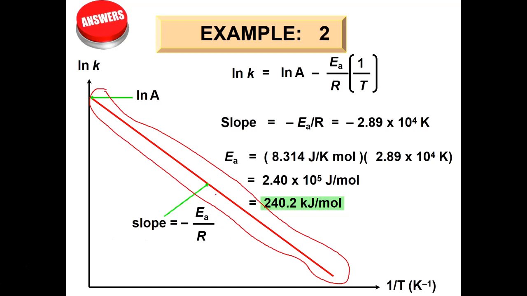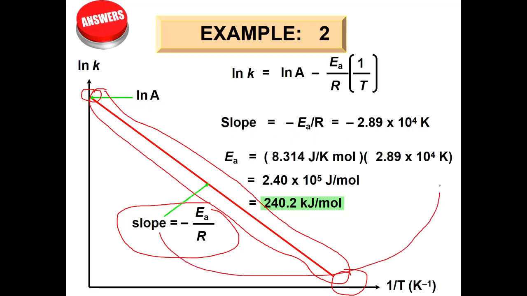From the slope here, you can find out the slope if we get the value of ln A here and the 1 over T here. So the slope is negative Ea over R. The slope we can find out by using the calculator.